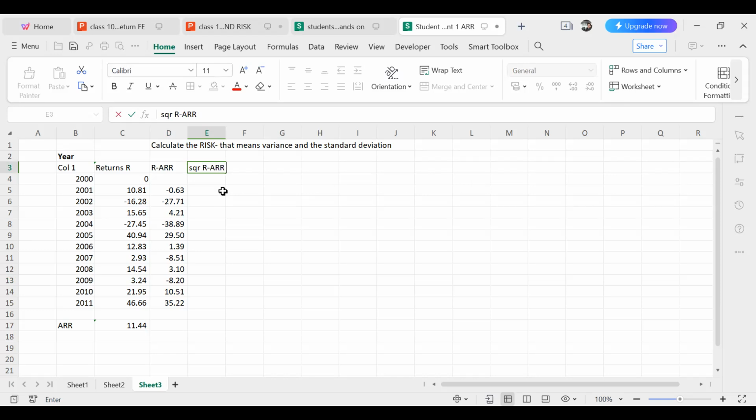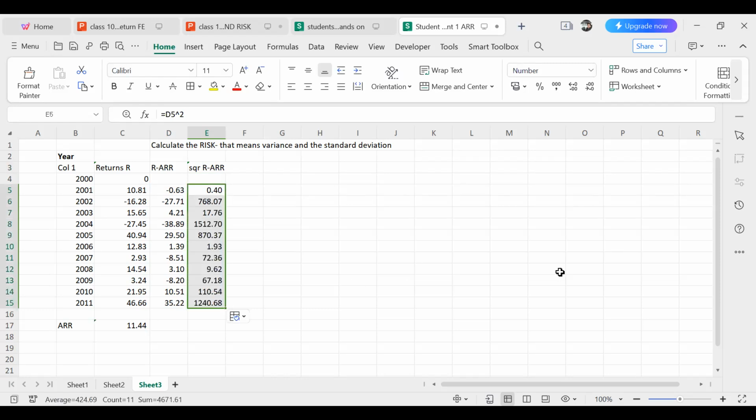That means you simply put the equal sign, then choose this, choose your power button, raise to the power 2 and enter. And simply drag it. You get your answer.